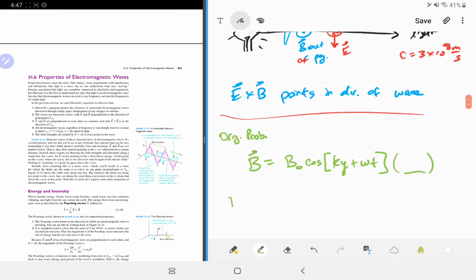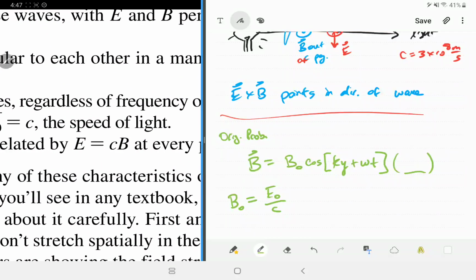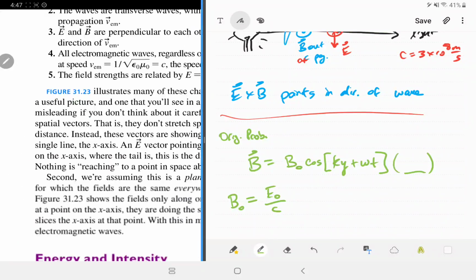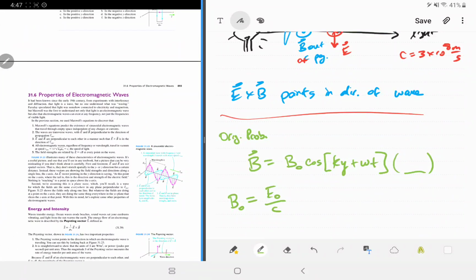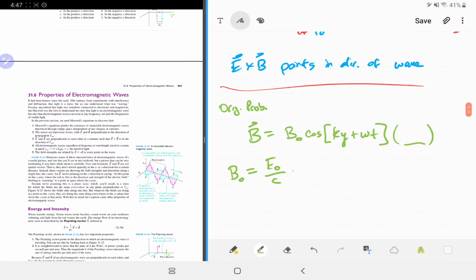Okay, so first let's do the amplitude. B is equal to E over C. That's exactly what this equation is saying right here. If we divide both sides by C, we get that B is 300 volts per meter divided by 3 times 10 to the 8 meters per second.